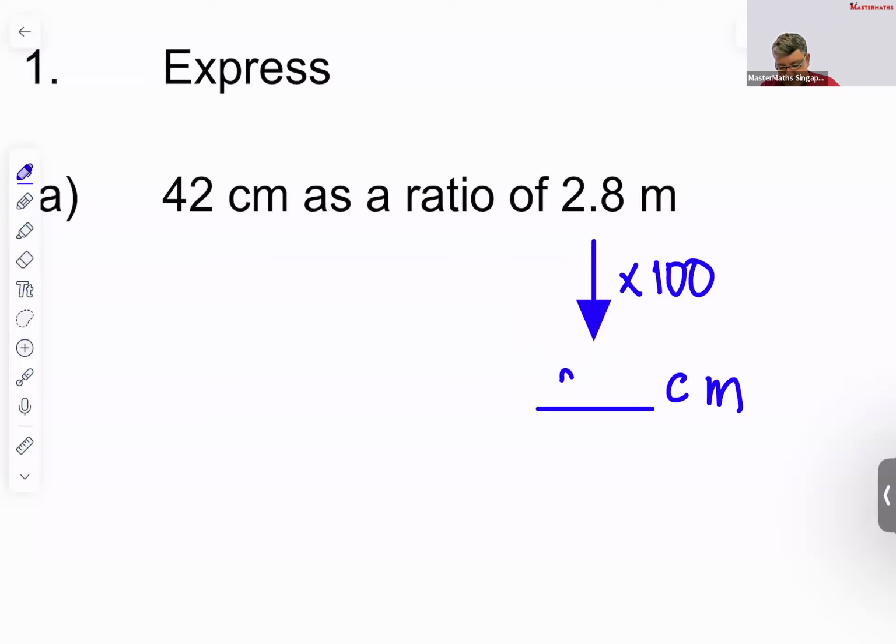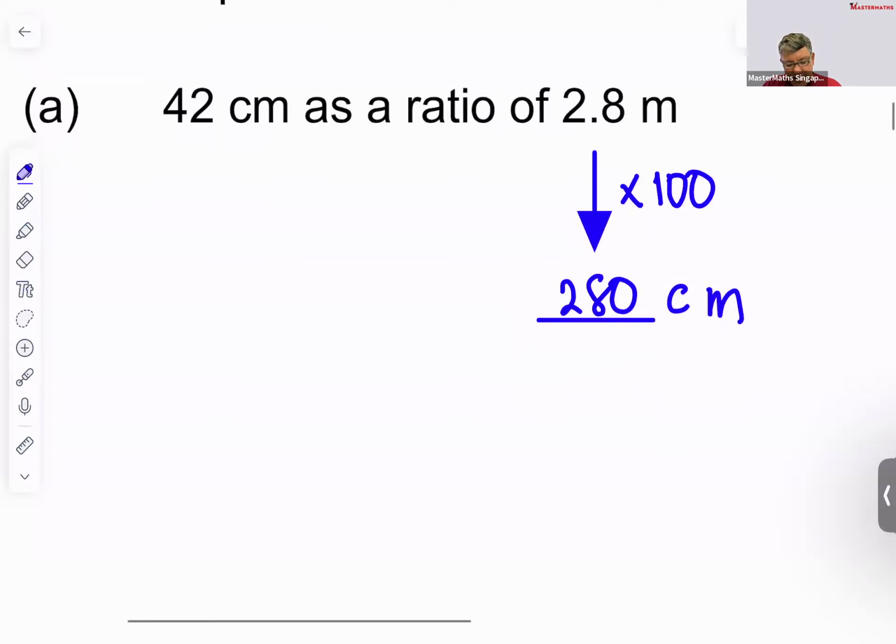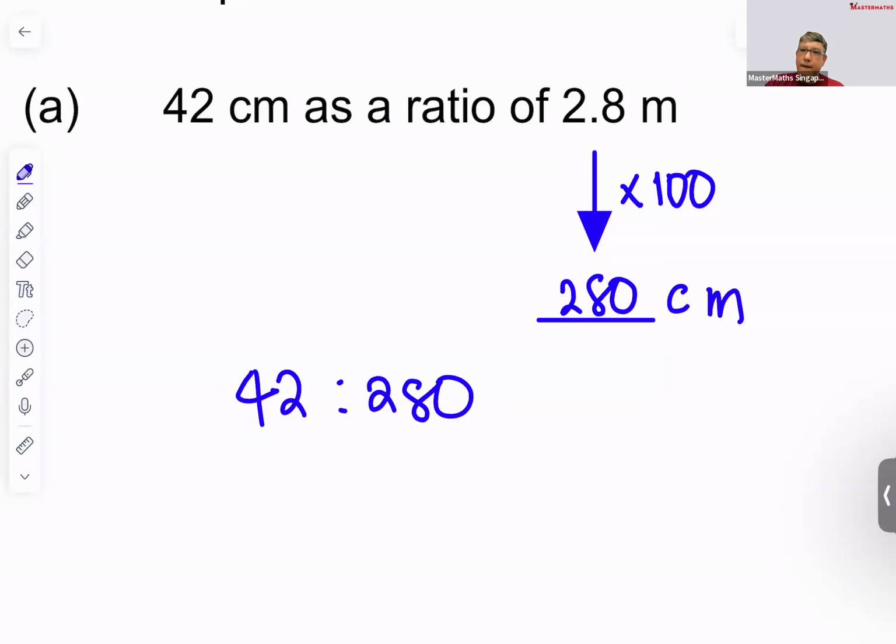Must remember. 280. Then we just put as a ratio. 42 is to 280. Like that. Okay? Divide by what? Divide by 2.